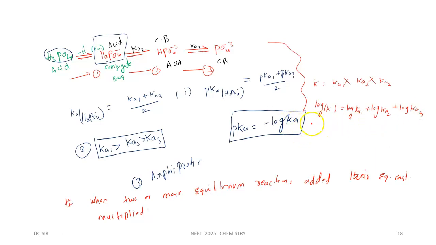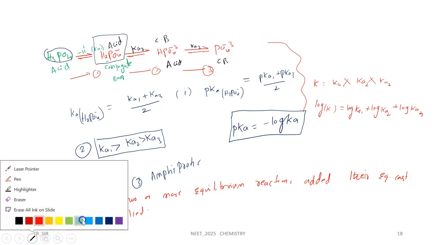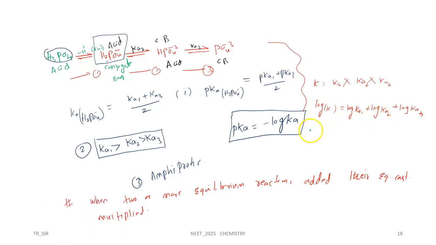If I apply the negative sign, I get minus log K equals minus log Ka1 plus minus log Ka2 plus minus log Ka3. So pK is equal to pKa1 plus pKa2 plus pKa3. This is what we get.